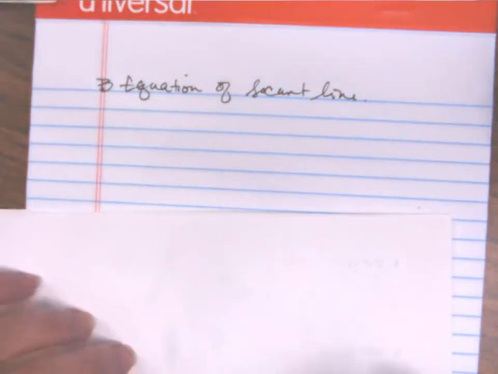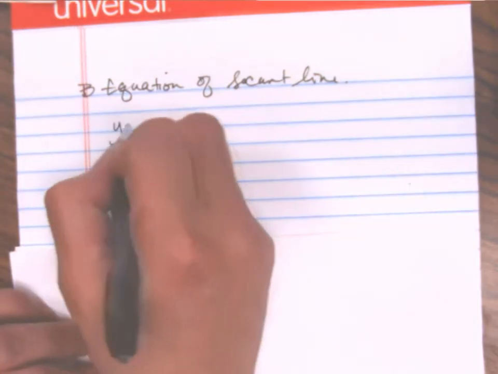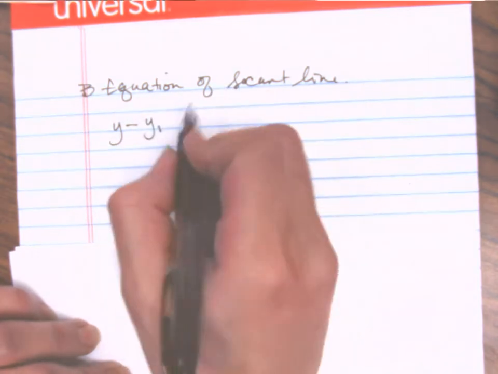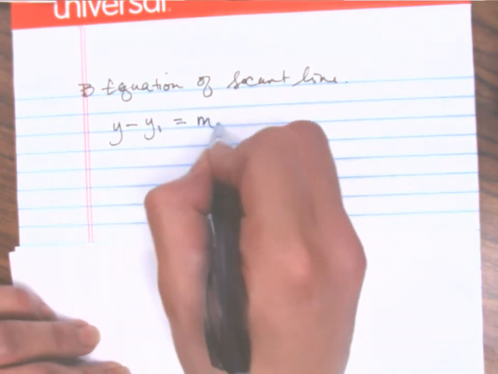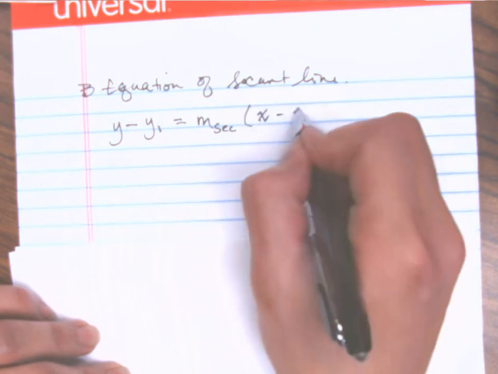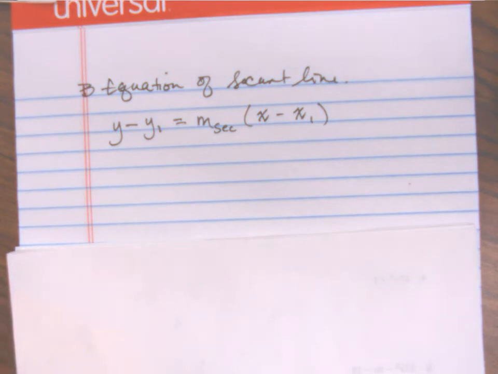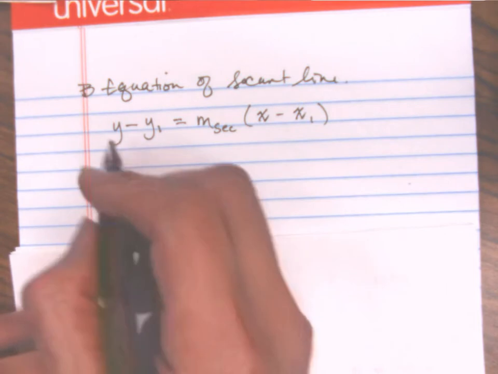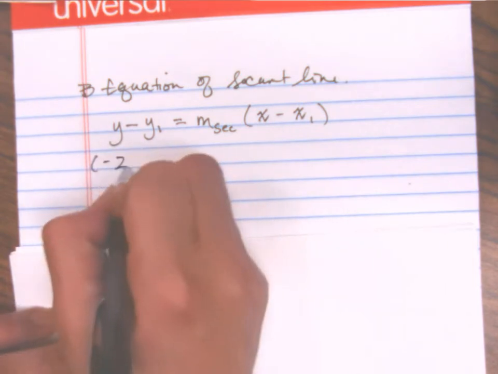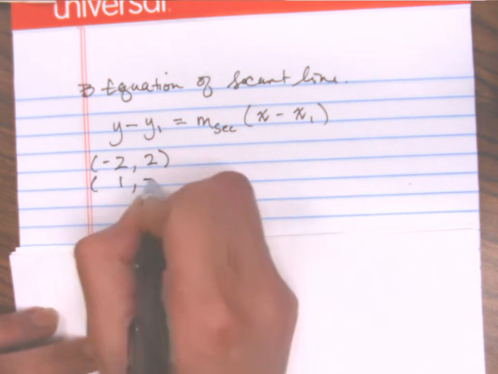Okay. So we have a formula for finding the equation of a line given a set of points, and that is y minus y1 equals the slope of the secant line, x minus x1 in parentheses. Now, we have two sets of points here. We have -2 and +2, and we have 1 and -1.